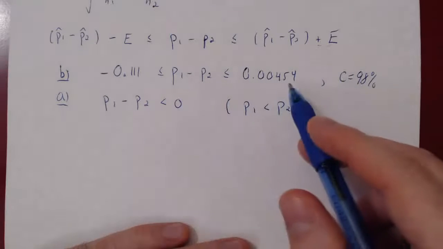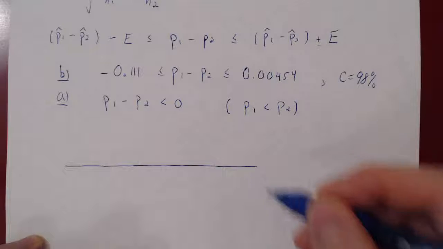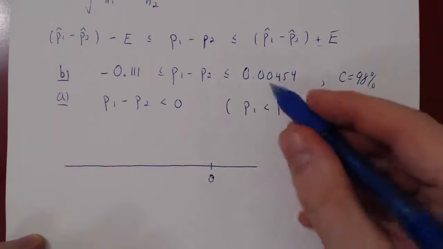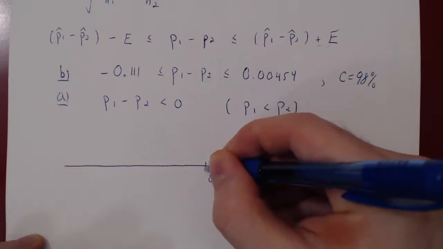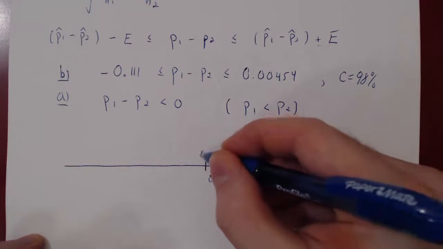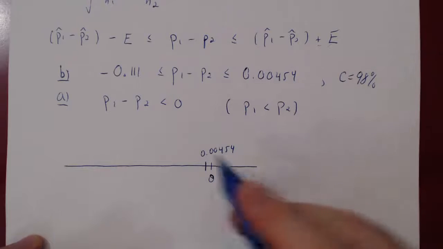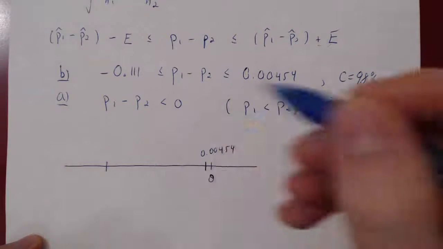Well, let's see if they are consistent. Let's visualize this on the real line. Here's 0. This is our right-hand point, 0.00454, so it's really, really close to 0. I'll exaggerate here just for clarity. So this is 0.00454. And the left-hand point is roughly negative 0.11.